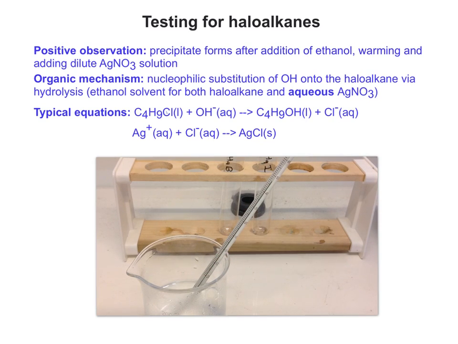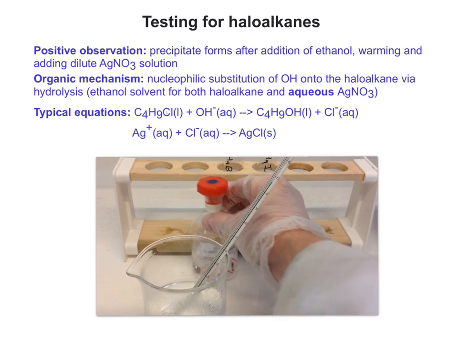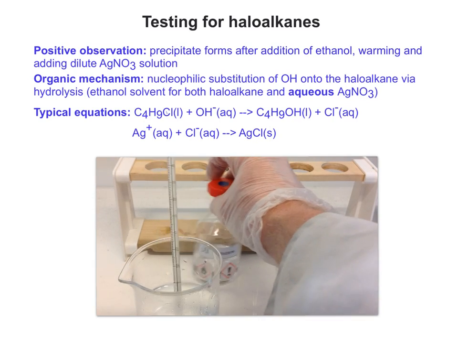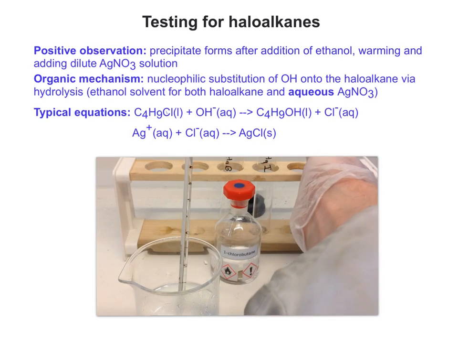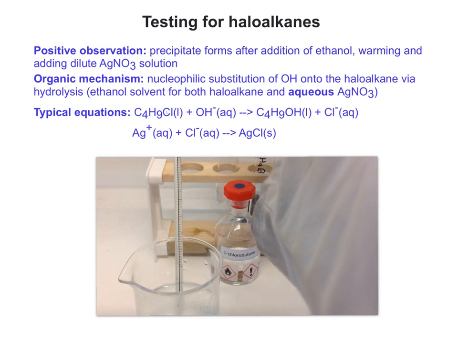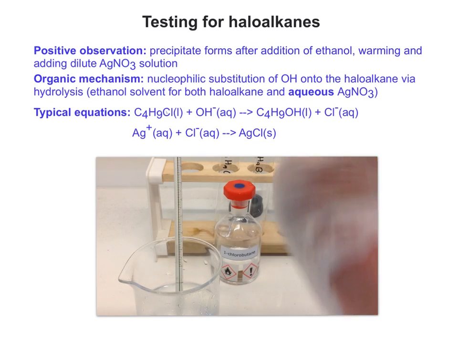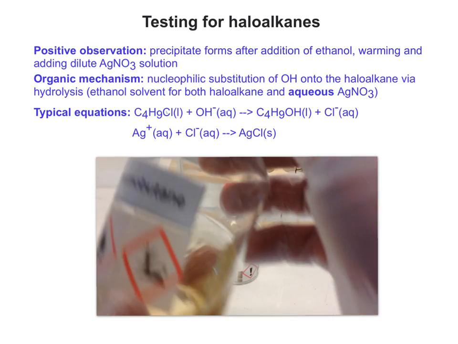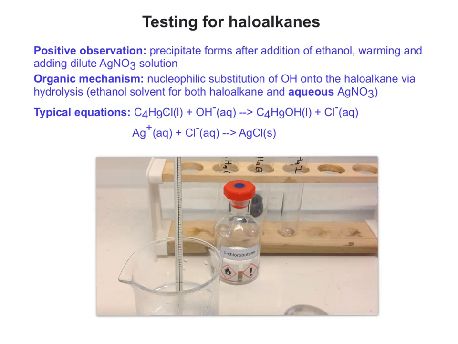So adding a little bit of chlorobutane to the test tube. Rearrange everything so you can see which test tube is which. So to the next test tube, I add some bromobutane, 1-bromobutane.